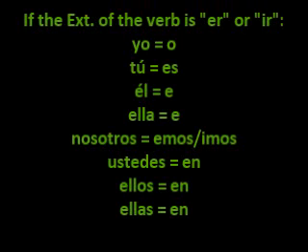And if the extension of the verb is er or ir, it becomes: yo, o; tú, es; él, ella, e; nosotros, emos or imos; ustedes, ellos, ellas, en. So let's see some examples of these.